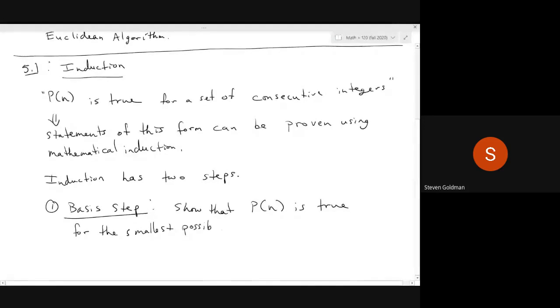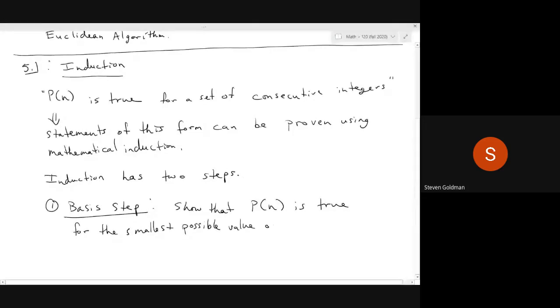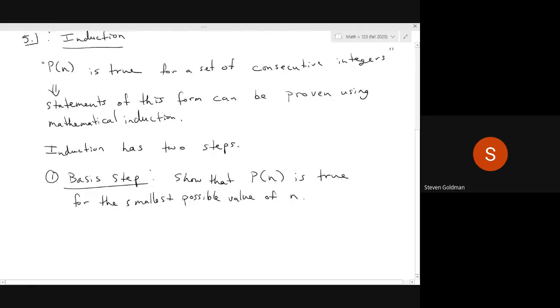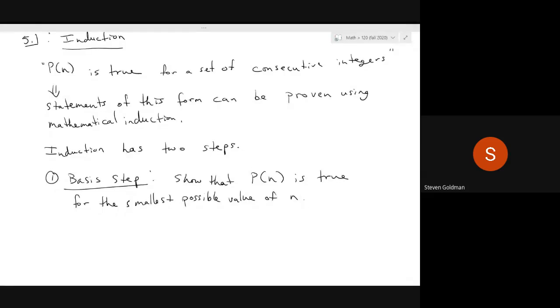By way of example, last time I said if your statement is P of n is true for all positive integers, then in your basis step, you have to show that P of n is true for the smallest positive integer, which is 1. That's your first case. That's the first step of induction. You have to show that that's true.